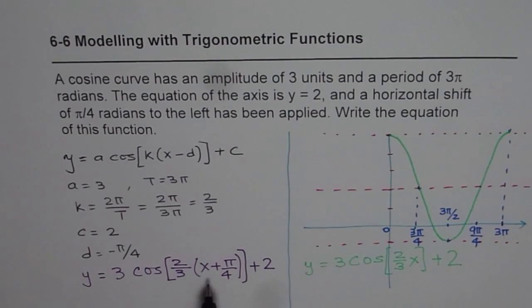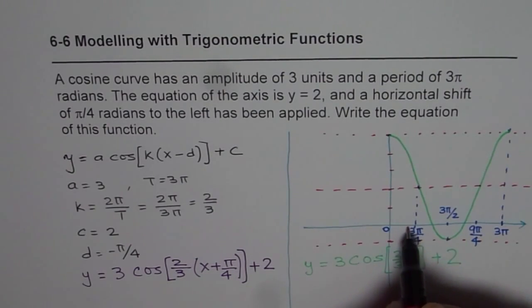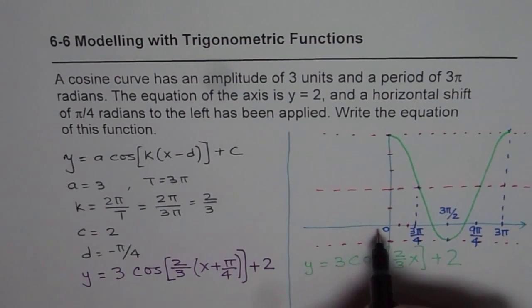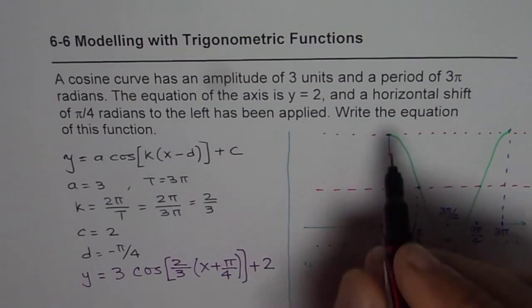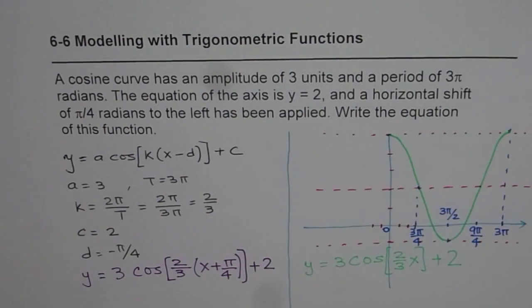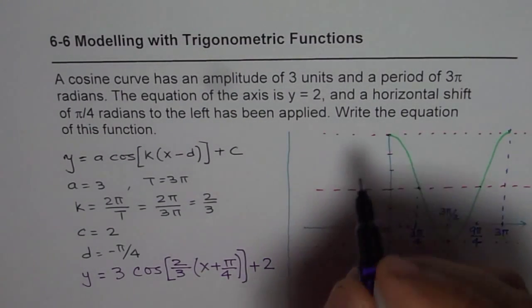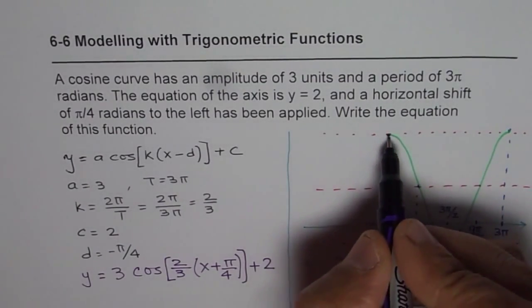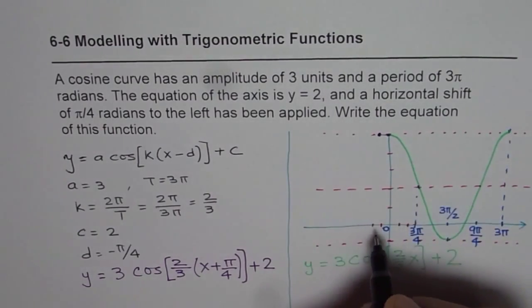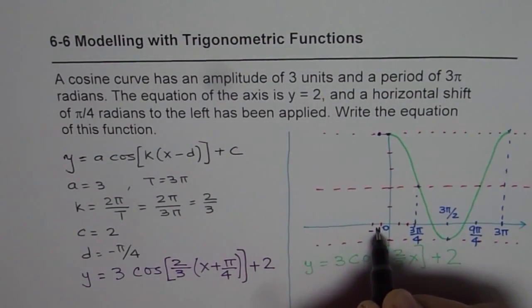What we really need is the horizontal shift of pi by 4. Now, what is pi by 4? 3 pi by 4 is that much. I'm dividing this into 3 equal parts, so this much is pi by 4. It moves pi by 4 units left. That means every point moves left by pi by 4. So instead of starting from x equals 0, it should start from minus pi by 4.